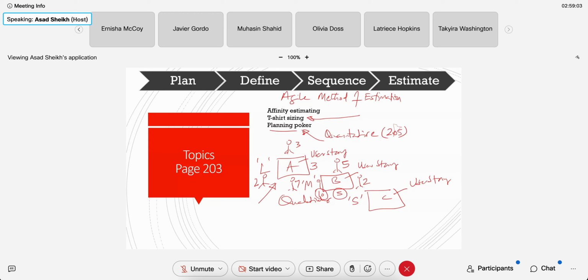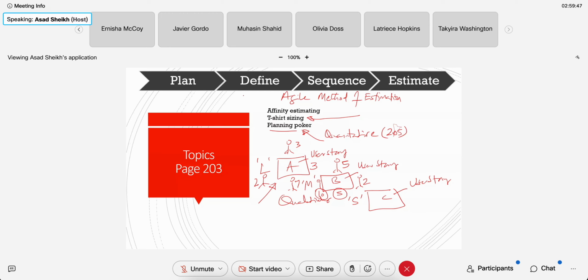This is called playing poker, estimating based on numbers, and they have a bunch of cards with numbers on them, and they pull out a number and then display it. This is how much I think it's going to take for me to complete. Any questions thus far? Okay, all right. So those are the popular ones.